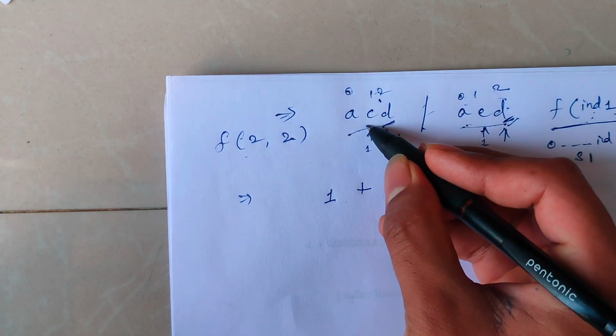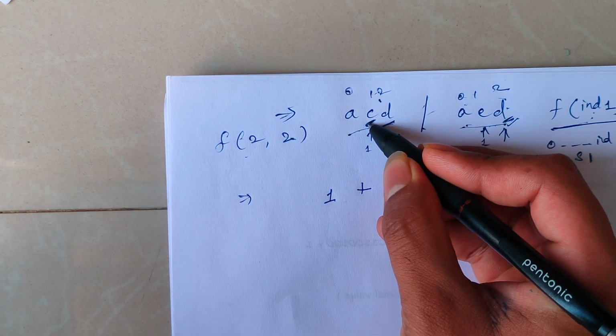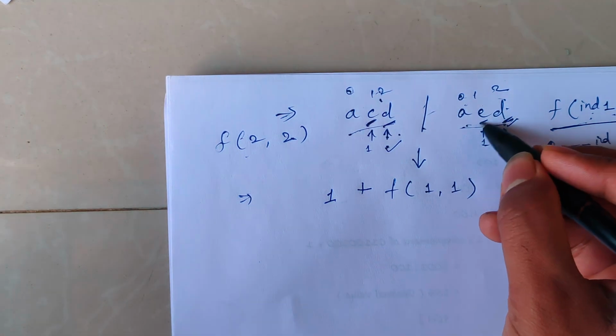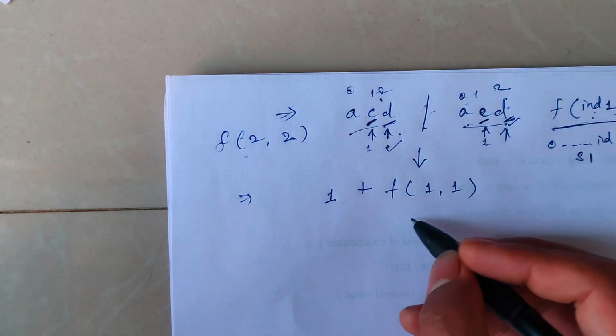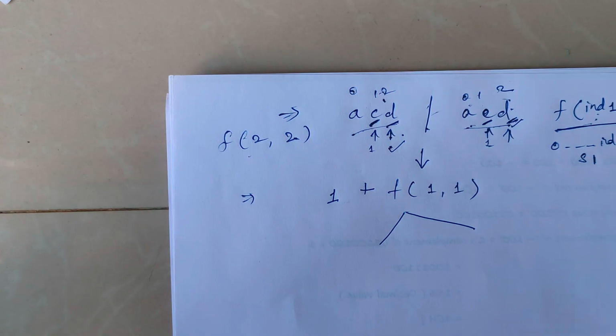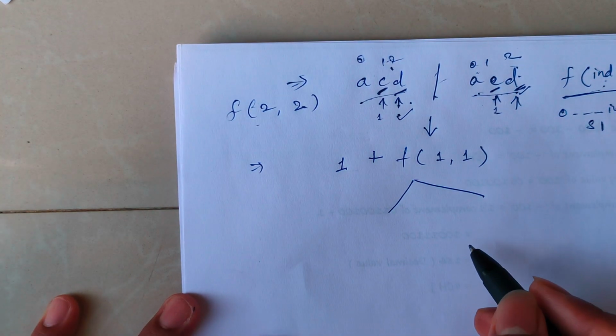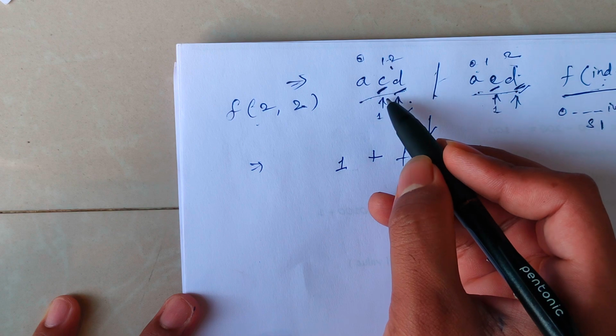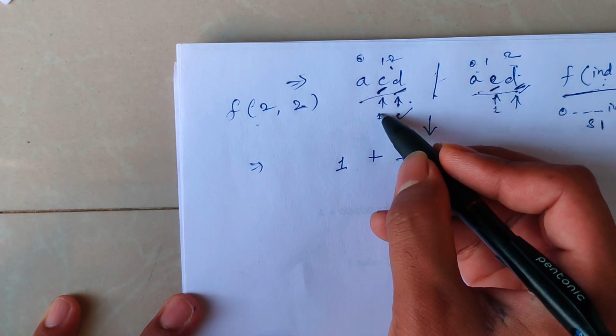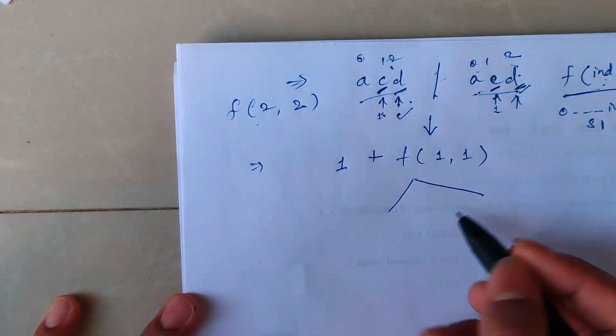And now this C and this E are not equal. So we can explore two possibilities, where we shift one pointer at a time. Suppose we shifted this pointer.